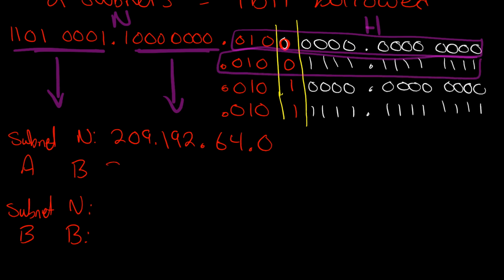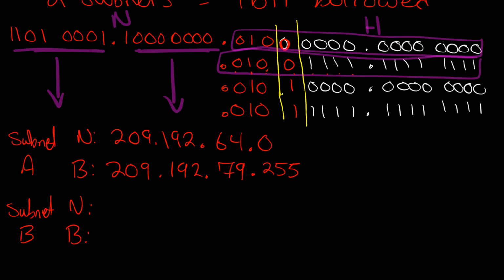This one is going to be 209.192, and this time it's not 64, it's actually going to be 79, because we're converting 0, 1, 0, 0, 1, 1, 1, 1, dot 255.